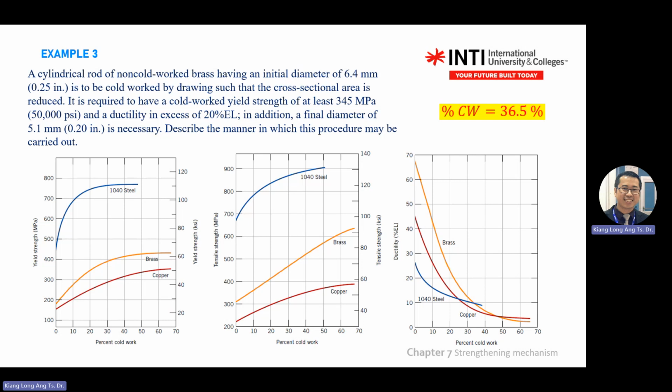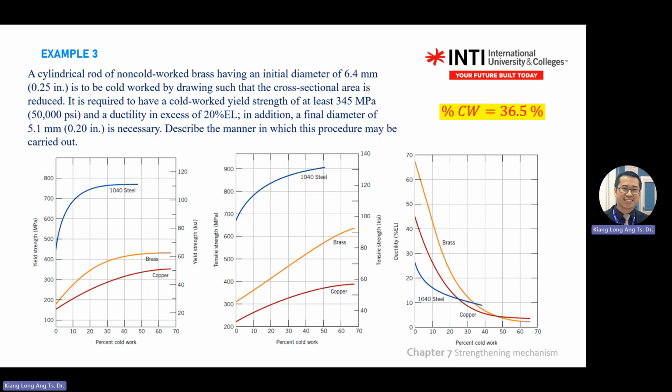So it's about here. If you extend all this line and then push to the left, you get one value there. For example, if you have 36%, you extend up, this one is brass. Brass is orange color. So yield strength is about 400. The customer wants what?